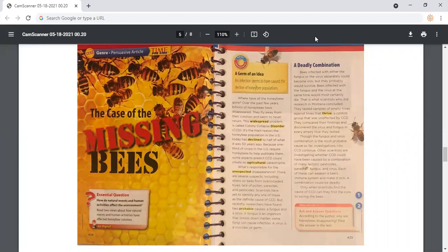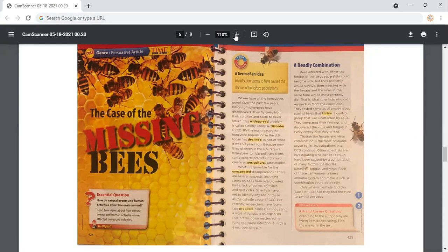Pesticides are substances that are meant to control pests, so to keep something unwanted away. And a parasite is an organism that lives in or on another organism of another species and benefits by taking nutrients from this other organism.